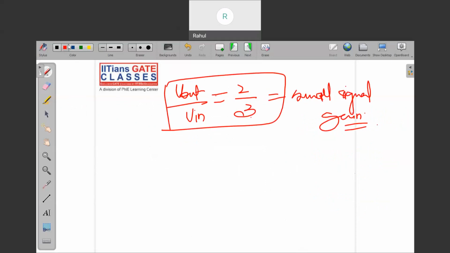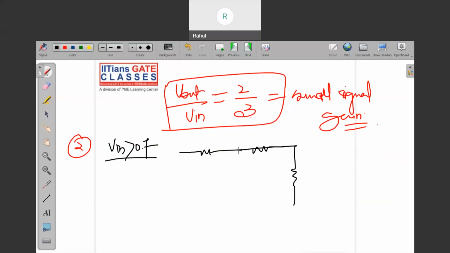Now the second case is when V in is greater than 0.7. Your diode will turn on, so your diode is on.